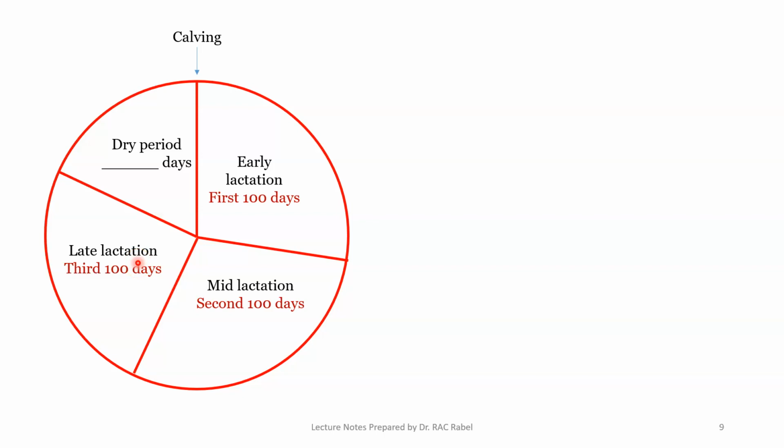Right, so it's to do with production, right? So think about this. Okay, let's say most of these animals are high producers. When I say high producers, I mean 40 liters and above a day, and there are a few animals who are still in early lactation, however they are low producers, say 10 liters for some reason, right? So what do you think makes sense: to have these low producers in the early lactation group, just because they are just fresh cows after gestation, or would it make more sense to group them with this group or this group, right?